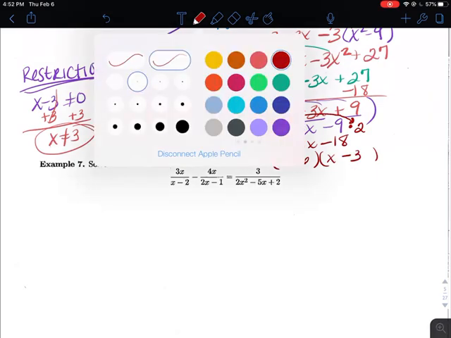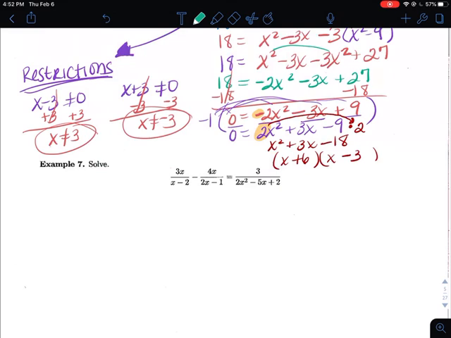And then remember, you have to come back and undo what you did. We multiplied by 2, so now we have to divide by 2. So this becomes x plus 3 times x minus 3 over 2. And I'm solving. So at this point, you don't have to put the 2 in front of the x. Yes, if you were factoring, that would be the next step.